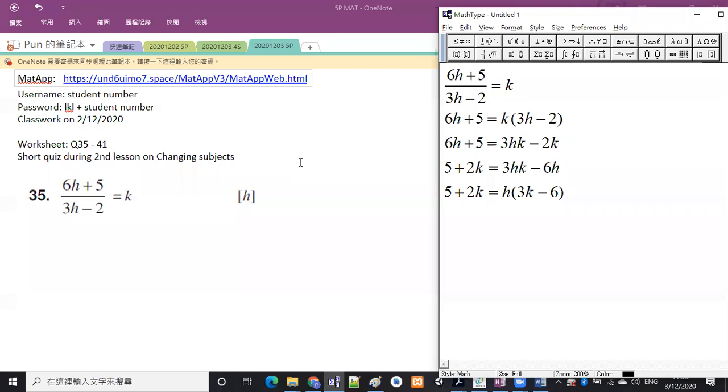You do not need to take out the 3, okay? In this type of question, you do not need to really factorize everything. Just take out the subject will be okay. And then divide the 3k minus 6 to the left hand side. 5 plus 2k divided by 3k minus 6 is equal to h, which means that h should be 5 plus 2k divided by 3k minus 6. Okay, that is the answer.